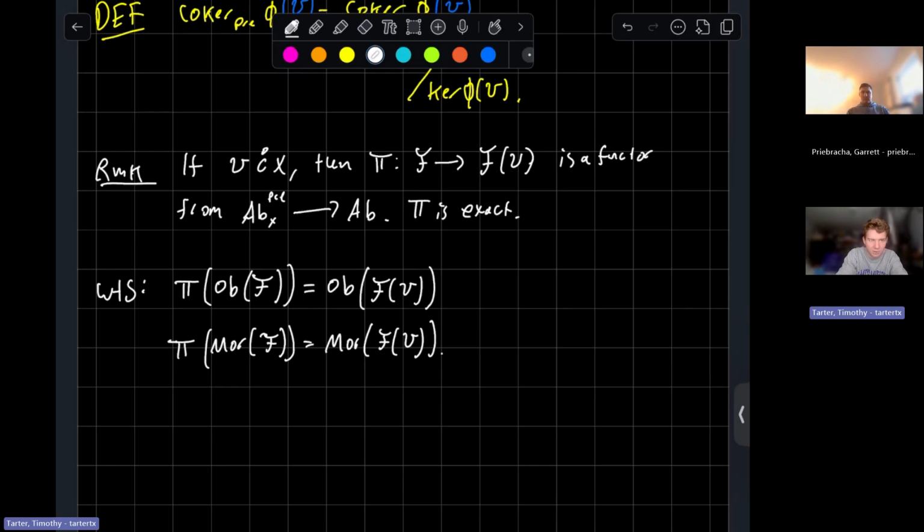Is a sheaf over an open set an abelian group? Or is π the functor that... yes, it is an abelian group.